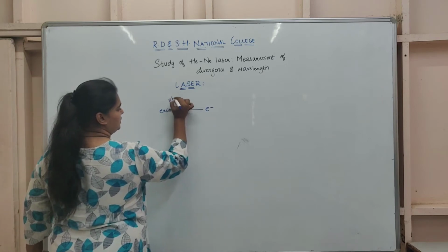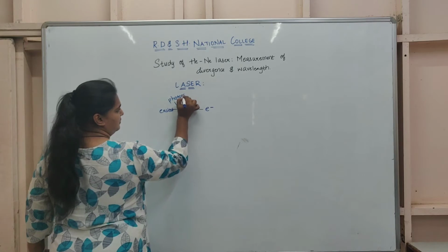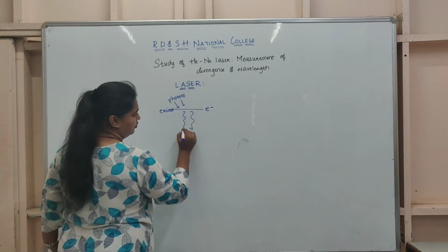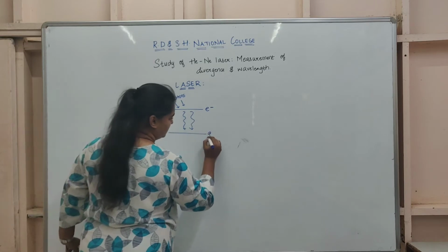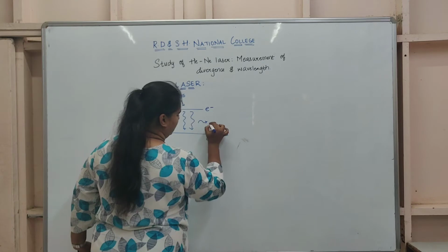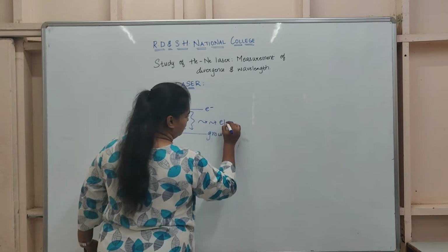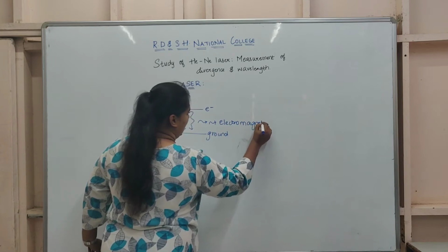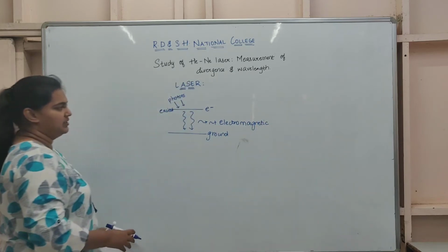These are my photons. The photons could be because of laser light, which causes these electrons to drop to the ground state with a release of electromagnetic radiation.